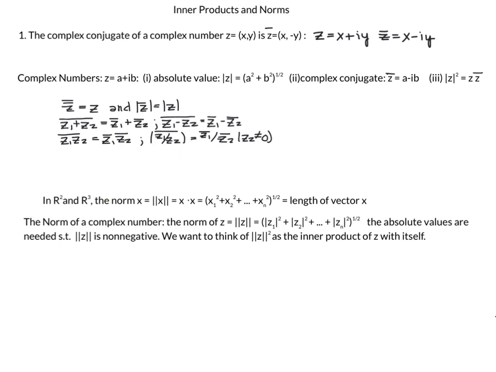We also talked about how this norm, we interpret in R2 and R3 as the length of a vector. For the norm of a complex number, the absolute values are needed because we want the norm to be non-negative, and we want to think of the norm as the inner product of z with itself, as we could see over here when we were talking about R2 and R3.